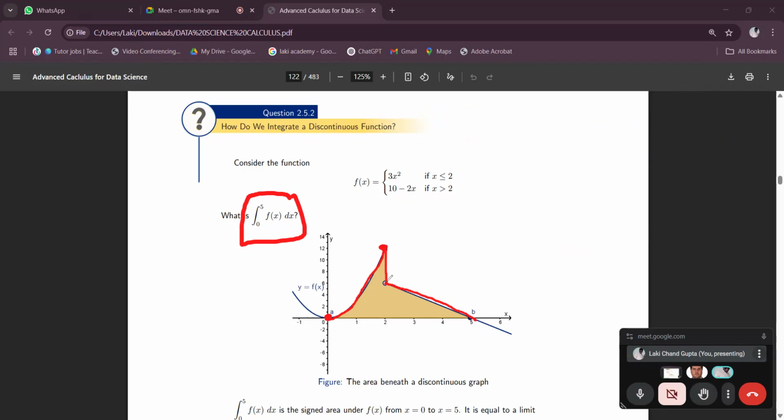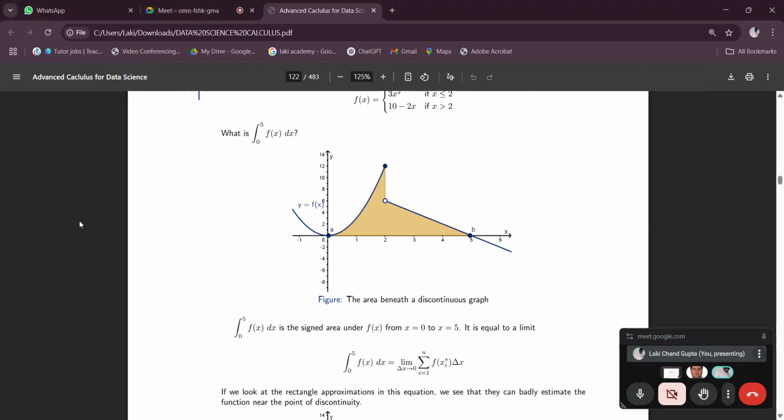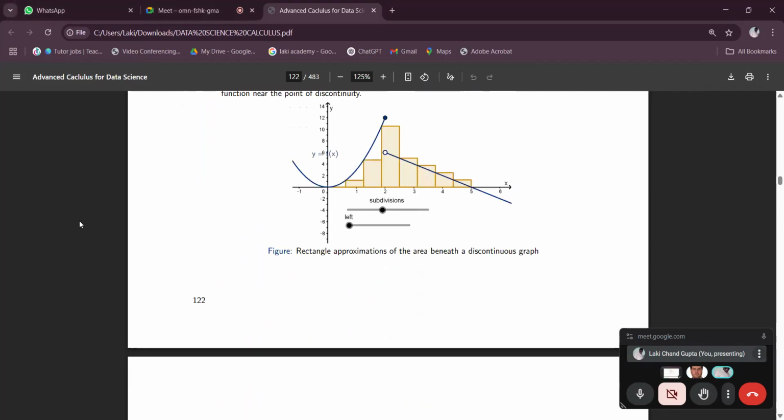So this is called a discontinuous function, right? Whenever you go from 0 to 2, the function is discontinuous, so you have to start from here. Now you can see how we get 0 to 5.